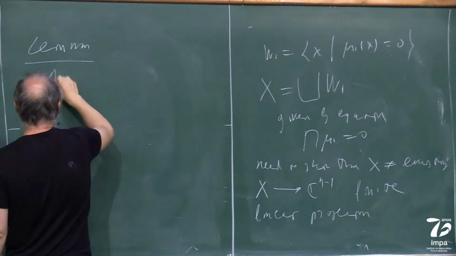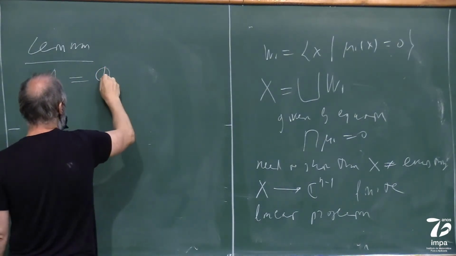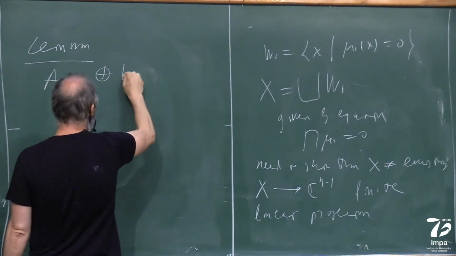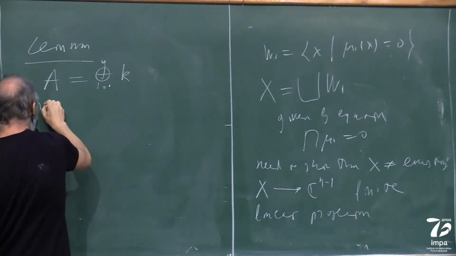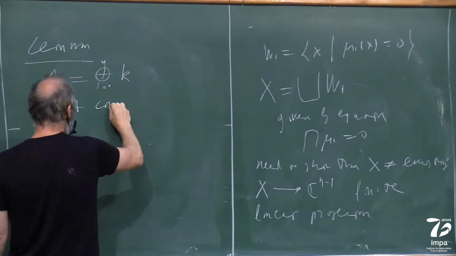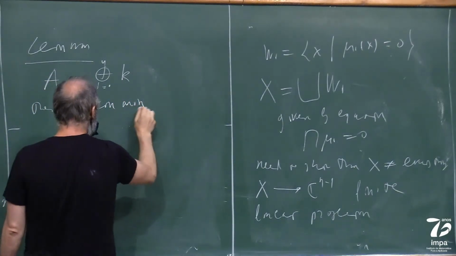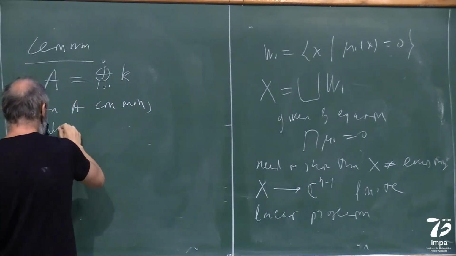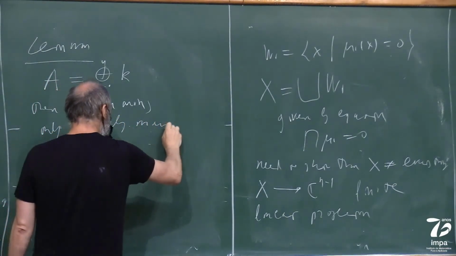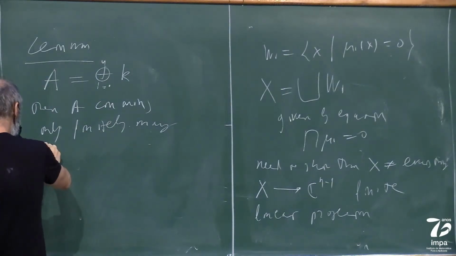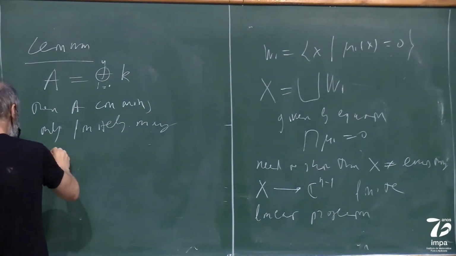You have a ring A, which is a direct sum of several copies of K. Then A contains only finitely many subrings.